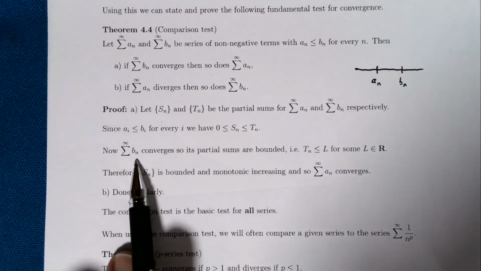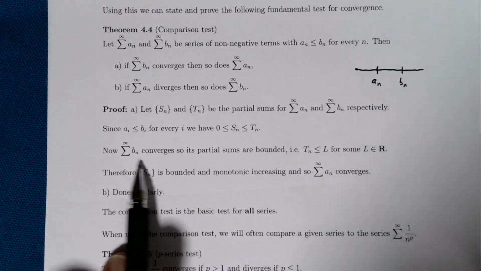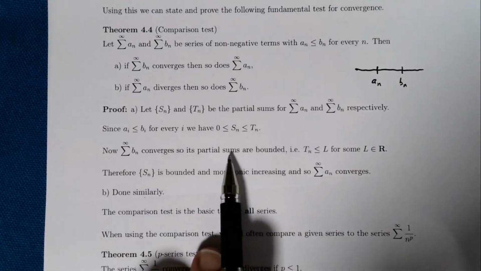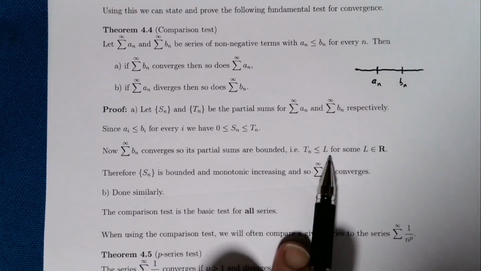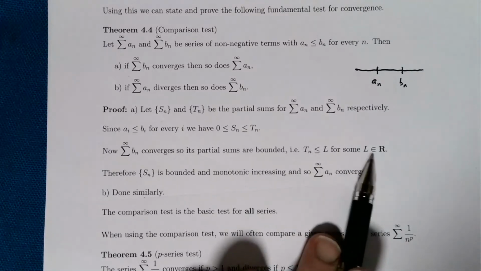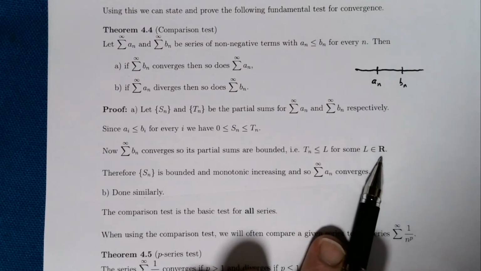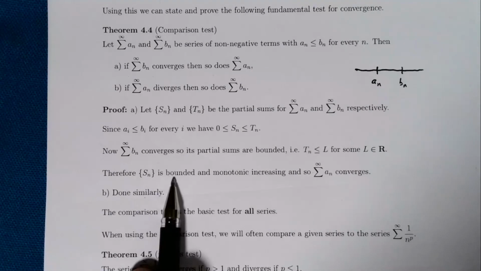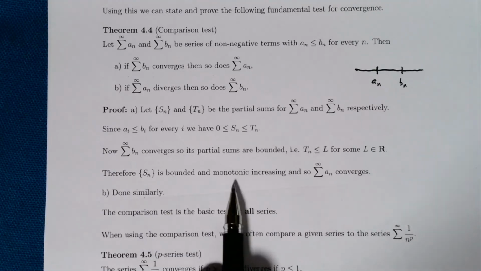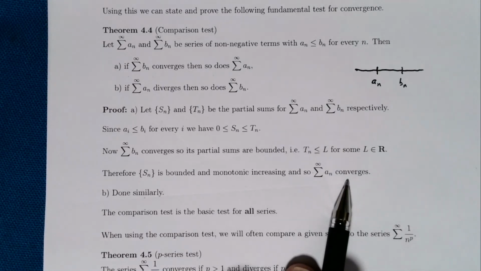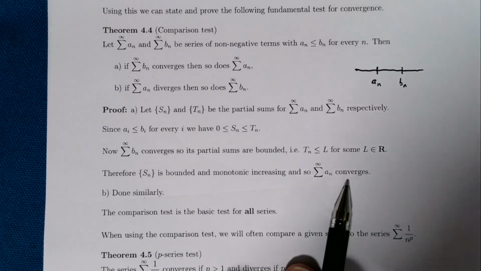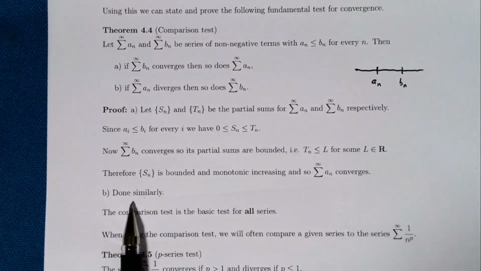Now the sum of b_n converges, and by our earlier theorem 4.3, that means the partial sums are bounded. That means the T_n are less than some L, for some L in R, and that tells me the S_n are bounded. The sequence is of positive terms, so it's monotonic increasing, and that says it converges by the monotone convergence theorem again. Part B is done exactly the same way.